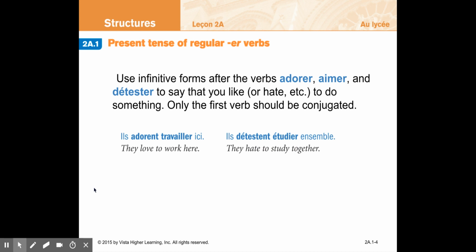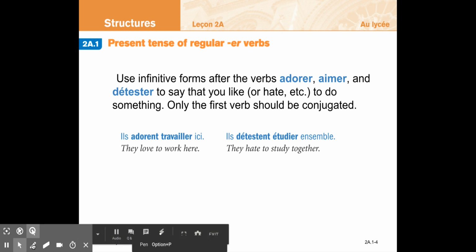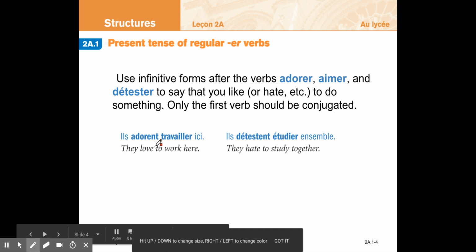If you're talking about things that you like to do, or that you love to do, or that you hate to do, then the second verb, the thing that you're saying that you love, like, or hate to do, that second verb is going to be in the infinitive form. You're not going to conjugate it. You would only conjugate the first verb. So, for example, here, ils adorent travailler ici.